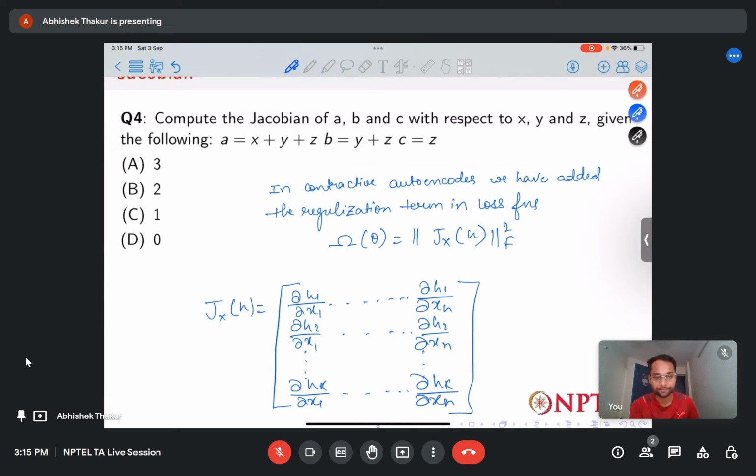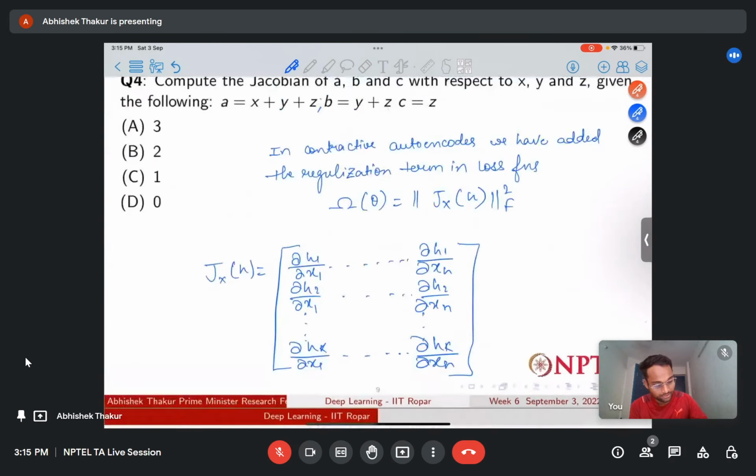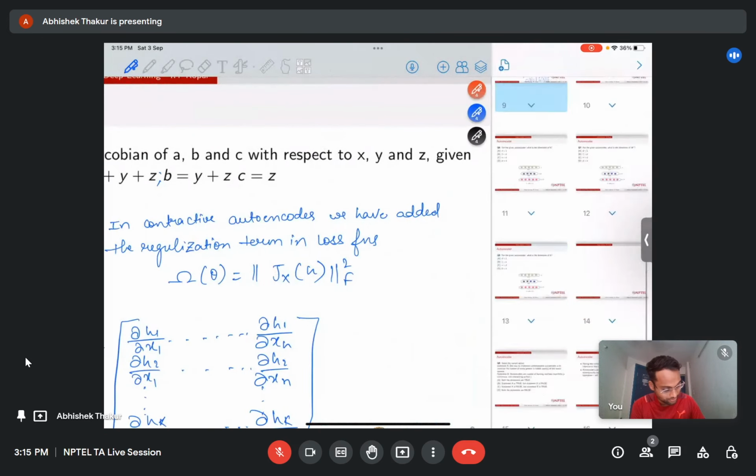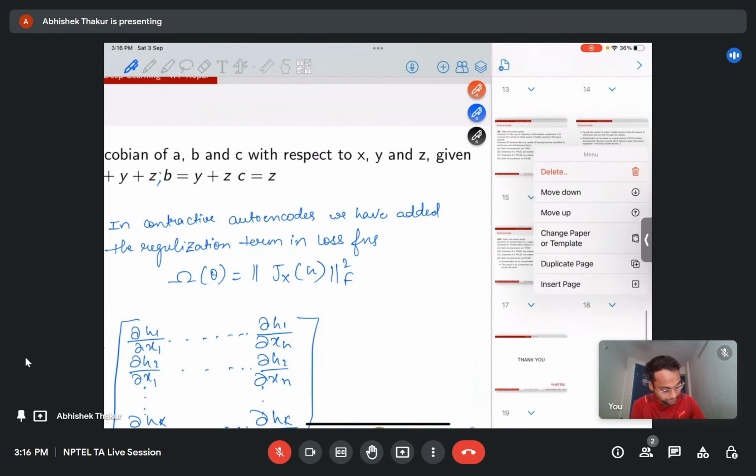Okay. So here we have A is equal to x plus y plus z, B is equal to y plus z, and C is equal to z. So we will take one empty page, then we will solve this question.